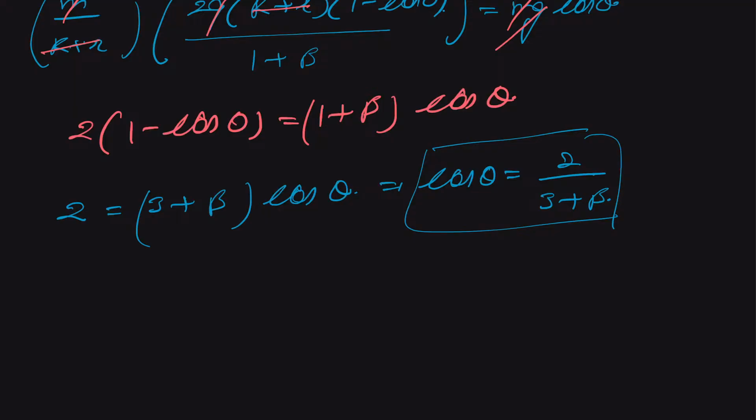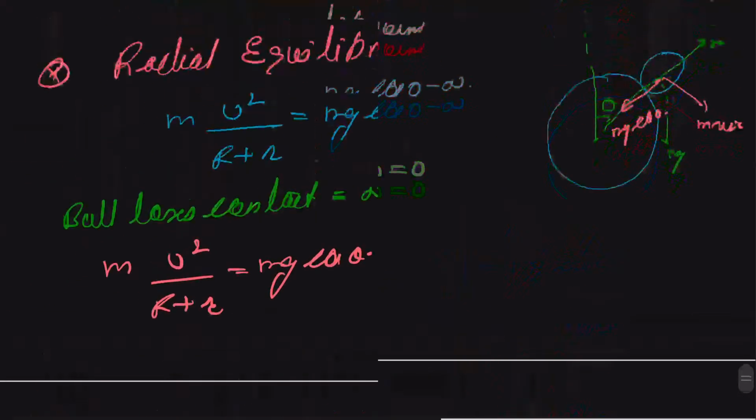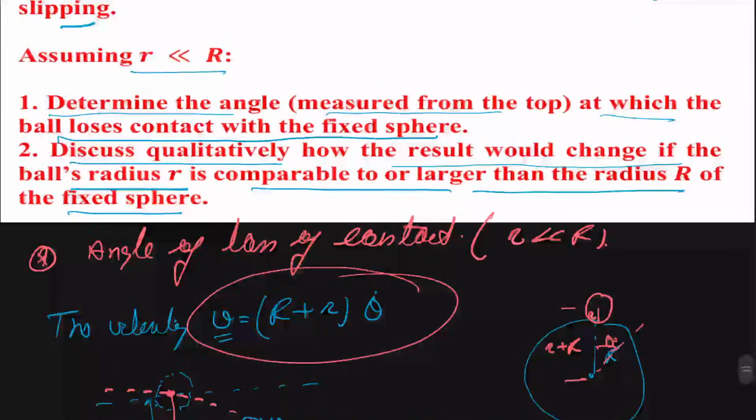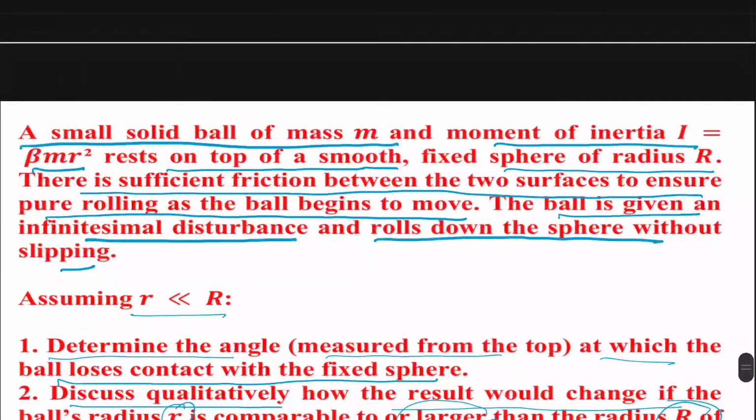Okay. And in this case, we can clearly see that our theta is only dependent upon our beta. So there is no factor of (R + r). It means this kinematic relation is going to hold for each and every case unless and until there is a considerable change in our radius. Because in part B, it states that the result will change if the radius R becomes comparable or larger than the radius of the small r, and beta is only dependent upon our small r.